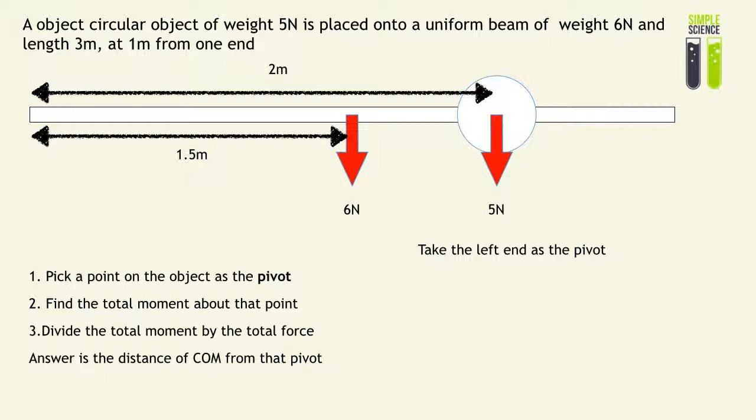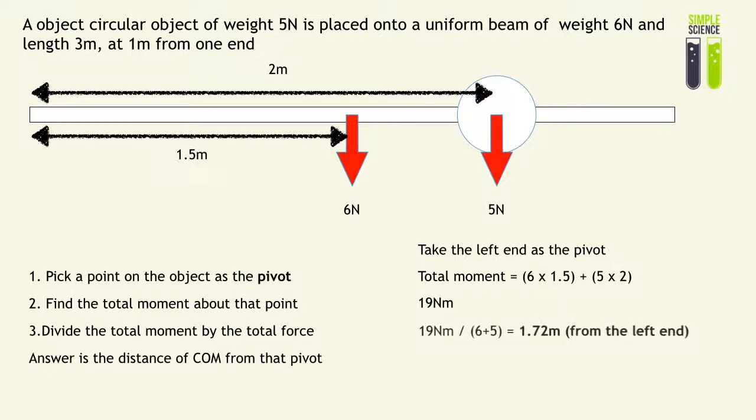So we have 6 multiplied by 1.5 meters, add 5 times 2, and that should give us 19 newton meters. Then we divide this total moment by the total force, and the total force is equal to 6 plus 5 newtons, 11 newtons.